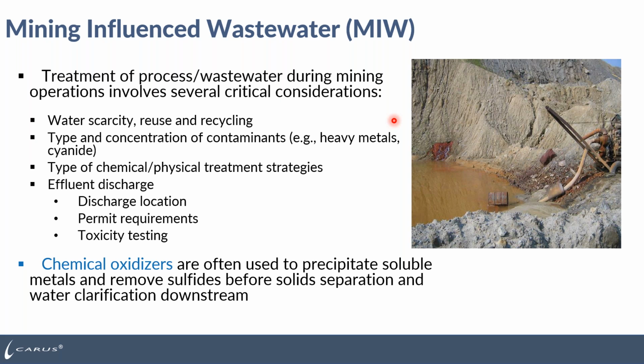So we're obviously focused here on the use of chemical oxidants, which are often applied to precipitate soluble metals before the addition of coagulant and flocculant products for solid separation and water clarification downstream prior to discharge of that treated water.